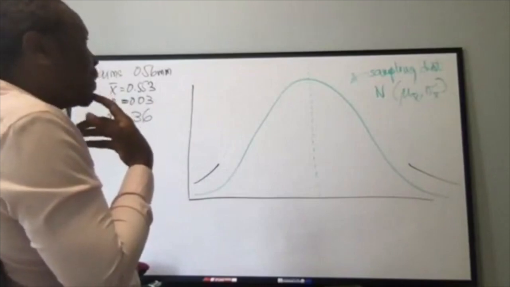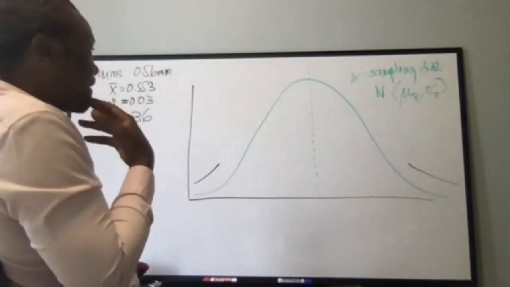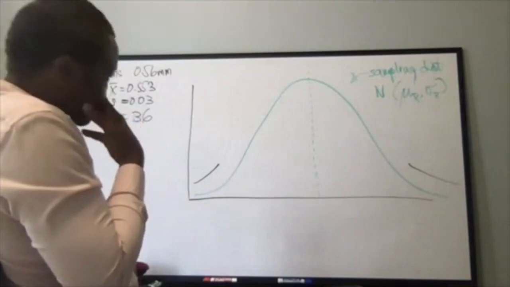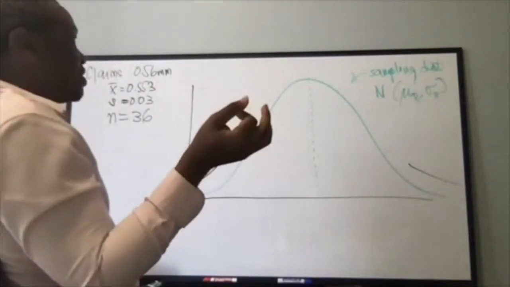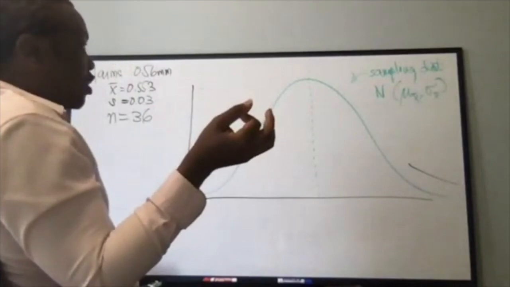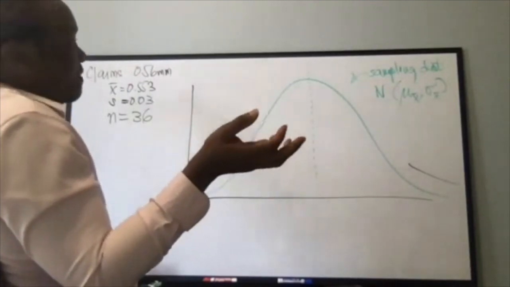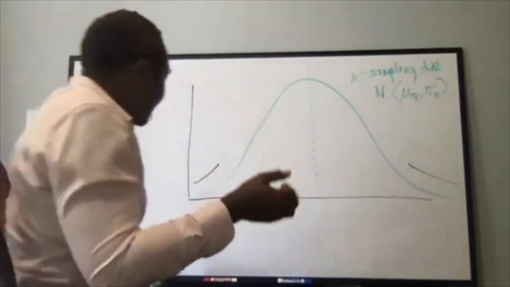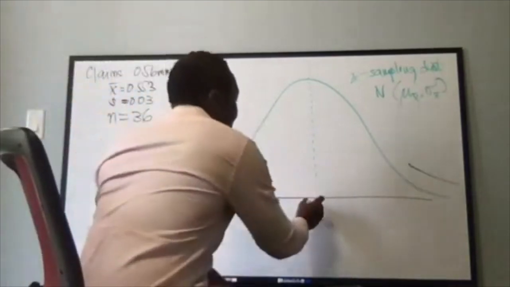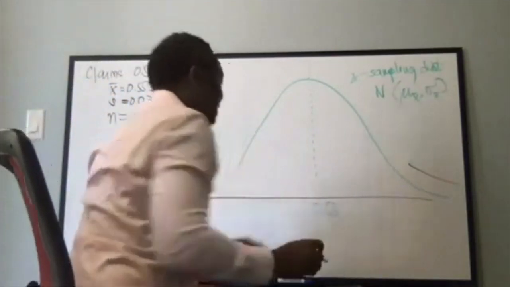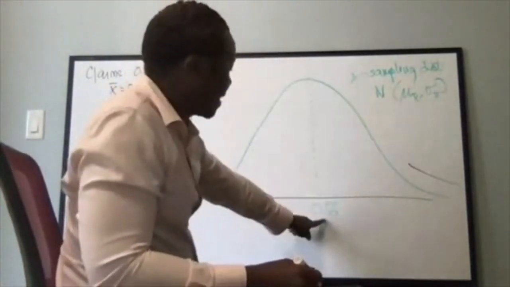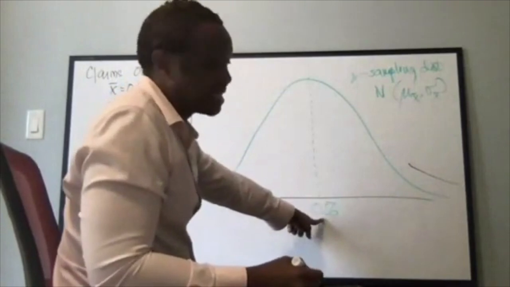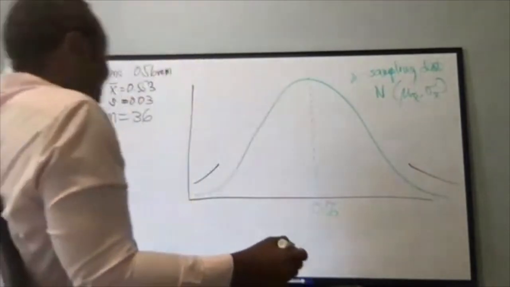Now, let's see what this means in terms of how to solve this particular problem. Now, what we're going to do is go step by step to figure out how to solve the actual problem itself. Now, this mean here, we're going to find out is 0.56. And often, we're going to put right here what is claimed in the actual problem.